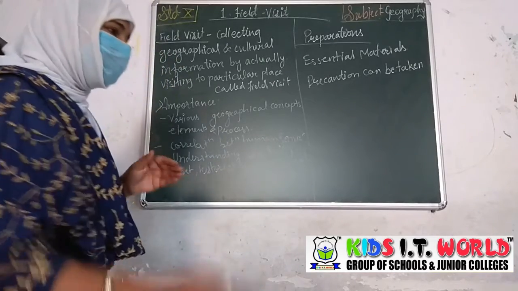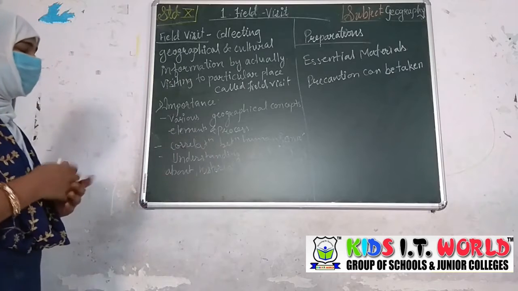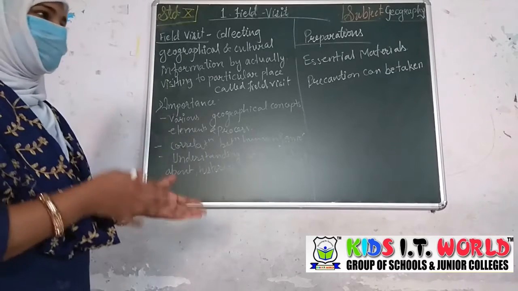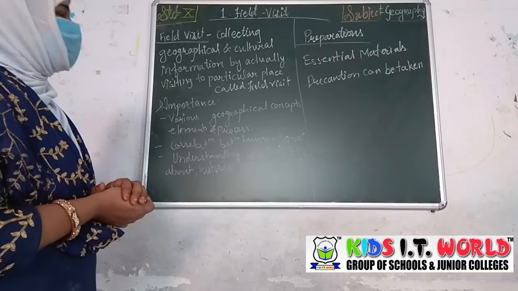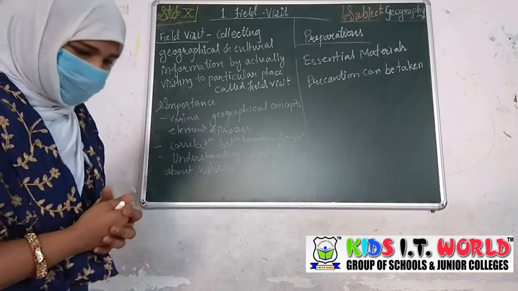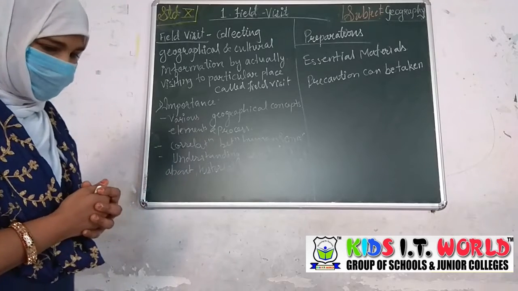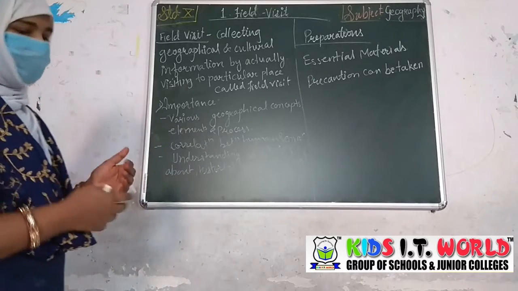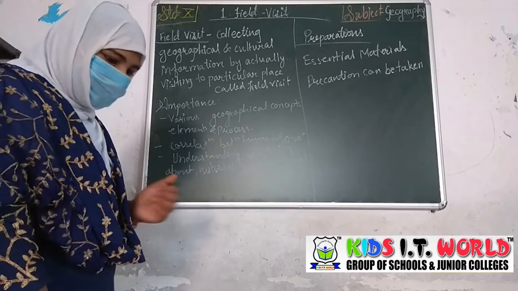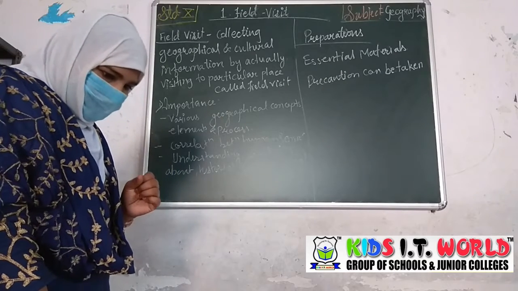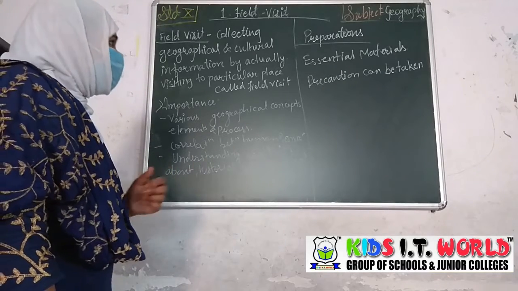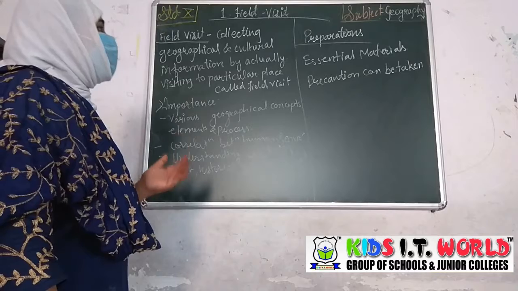That means how far the place is from your place, and what kind of transportation you are taking for the field visit. All this preparation you have to do before the visit. Then collect important documents first.